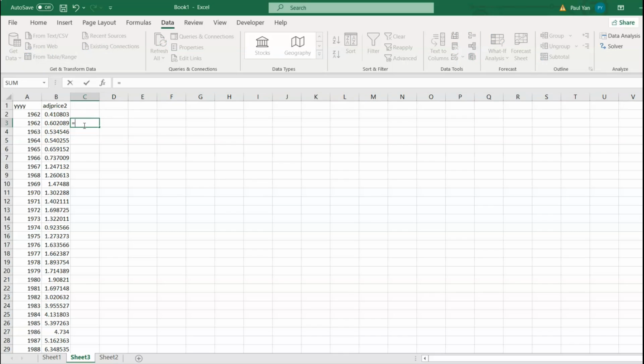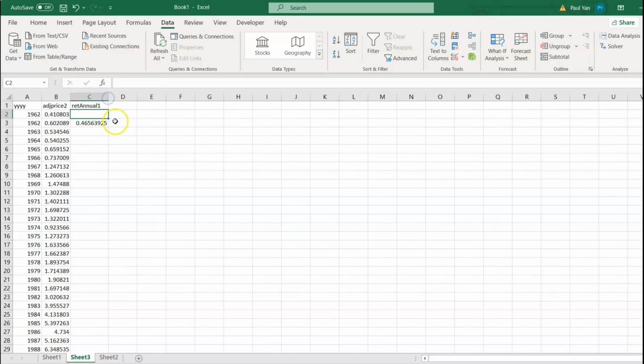There are two ways to calculate annual return. The first way is end of the year minus end of the previous year, divided by the previous year. I call this method 1, return annual 1. I'm going to show the formula.